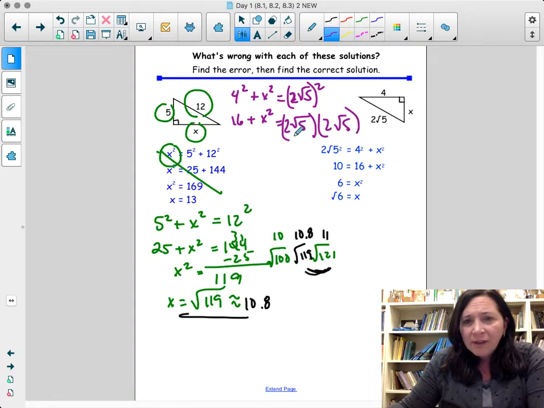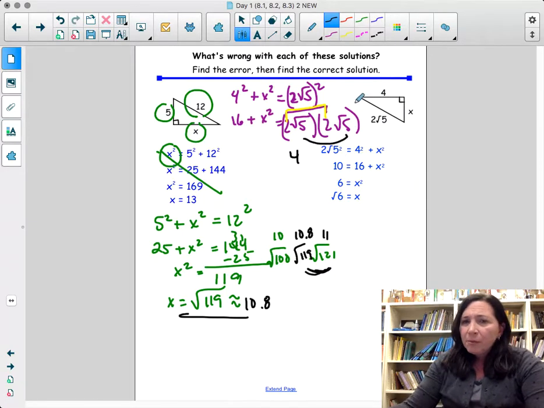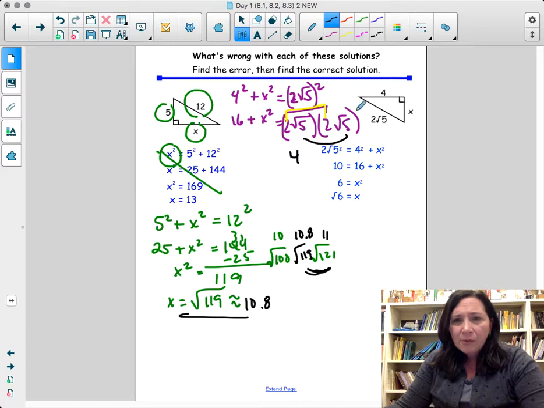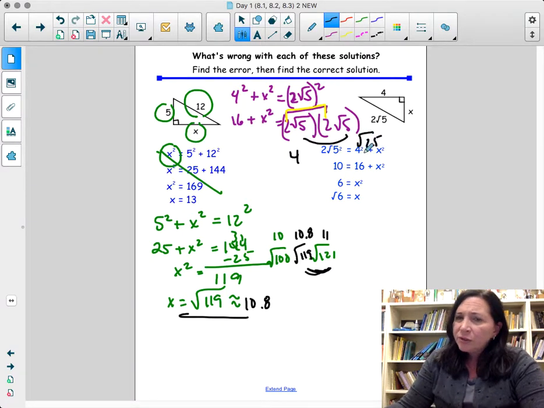So what you have is numbers get multiplied by numbers. So 2 gets multiplied by 2, so that's 4, okay? And then you have root 5 times root 5, because numbers get multiplied with numbers, roots get multiplied with roots. And root 5 times root 5 is root 25, and root 25 is 5.